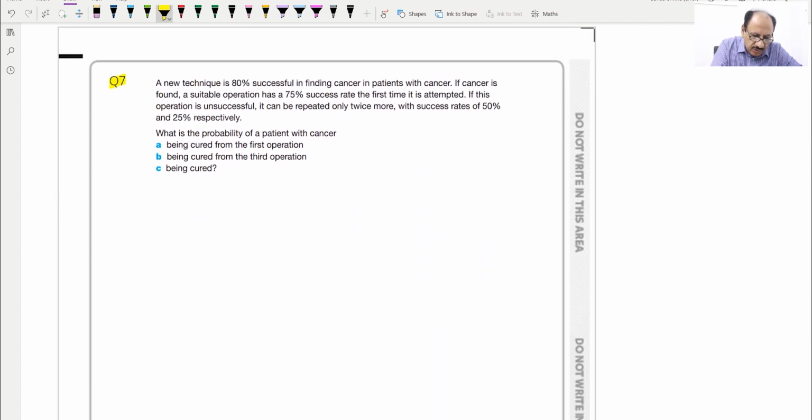Question number 7. A new technique is 80% successful in finding cancer in patients with cancer. If cancer is found, a suitable operation has 75% success. So for the suitable operation we can draw side by side, like for example this one. So cancer and no cancer. So 80% cases are with cancer, so this will be 80% and this will be 20%.